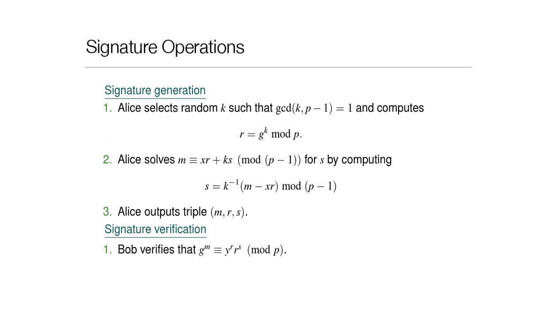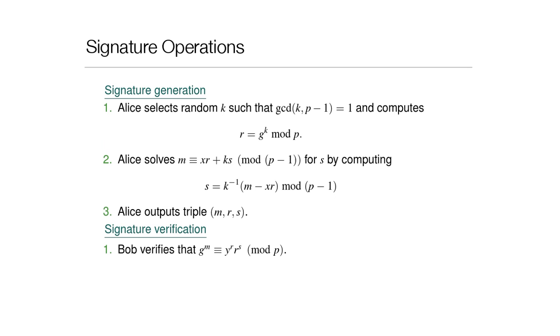You can take a piece of paper and do this computation by yourself, and you can verify this is working. And finally, Alice outputs a triple, which is M, R and S. We know that this R value is used to make this a randomized algorithm, or a probabilistic signature generation algorithm.